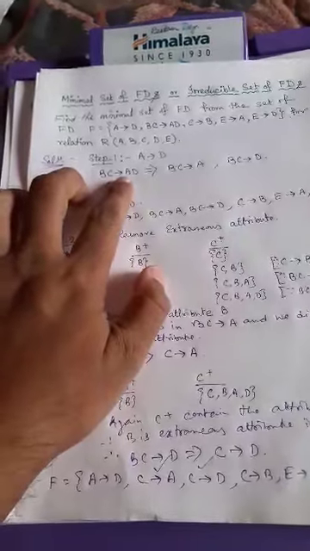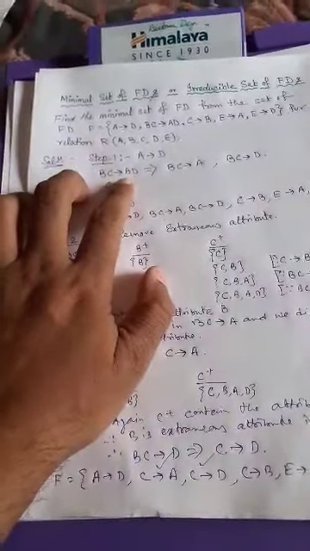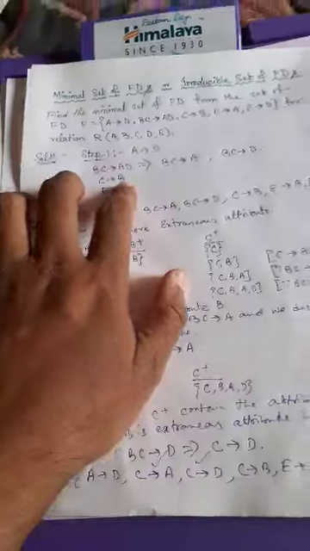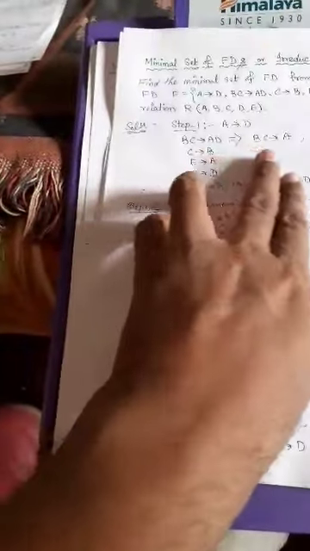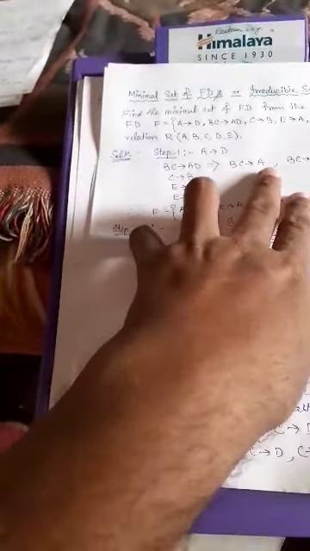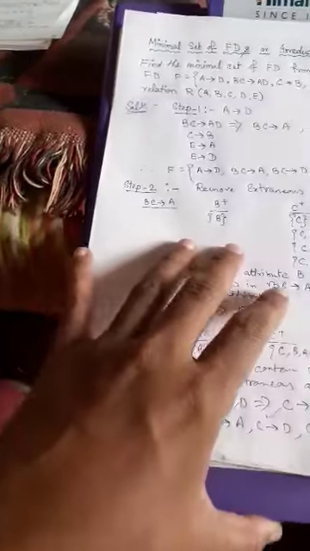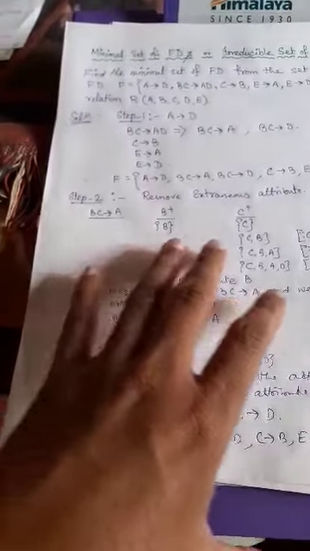So again I just repeat the steps once again. At first we decompose all the functional dependencies whose right hand side consists of more than one attribute. In this case BC arrow AD, we decompose it as BC arrow A and BC arrow D. Next step, we remove all the extraneous attributes from the functional dependencies which have more than one attribute in the left hand side.